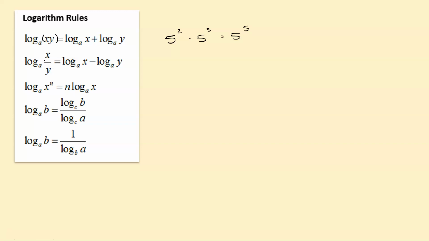Same thing here, when the argument is two numbers being divided, we can separate those into two logs being subtracted. Or if we have two logs subtracted, we combine it into one log where we divide the arguments. And that's basically the same idea we had before with exponents. If I have 5 to the 5th divided by 5 to the 3rd, that equals 5 squared, right? Where I am subtracting the two values, same thing as 5 minus 3 in the exponent.